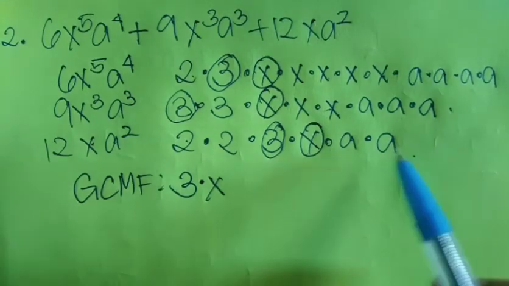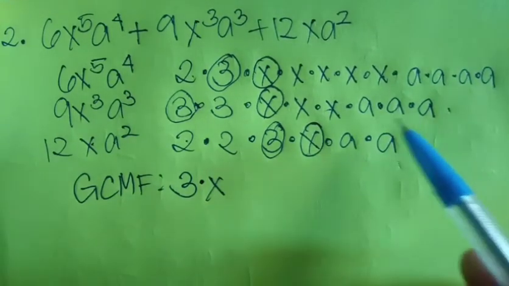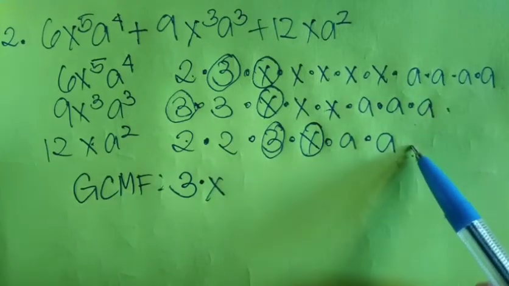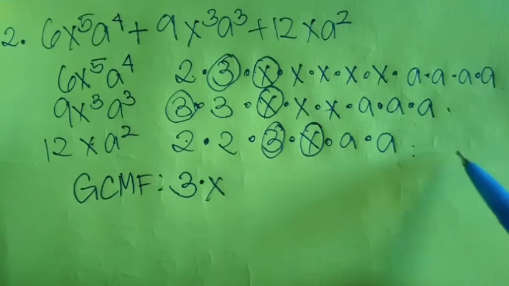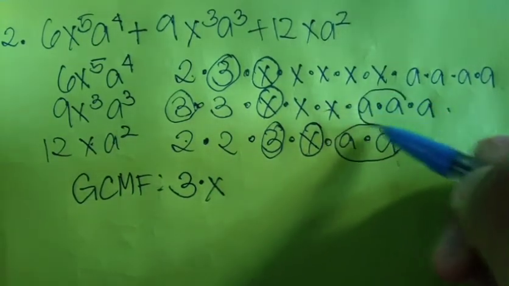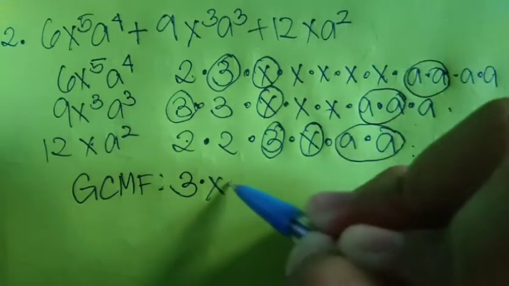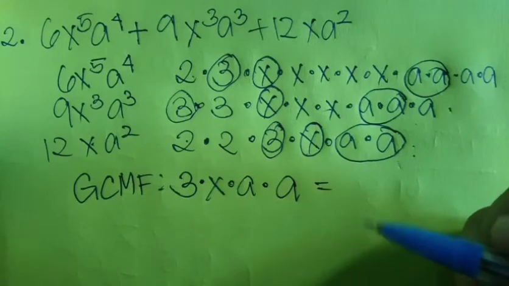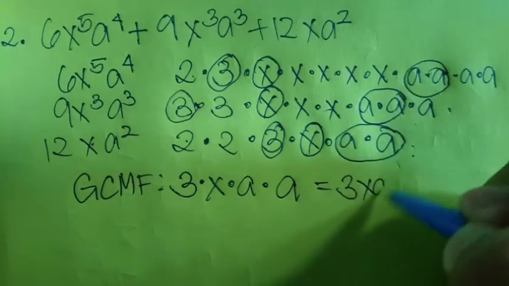How about A? May dalawa, may tatlo, at may 4. Since wala na tong additional na dalawa pa or isa, ibig sabihin dalawa lang ang pwede mapasama sa GCMF. A times A, which in turn gives us 3xa squared.